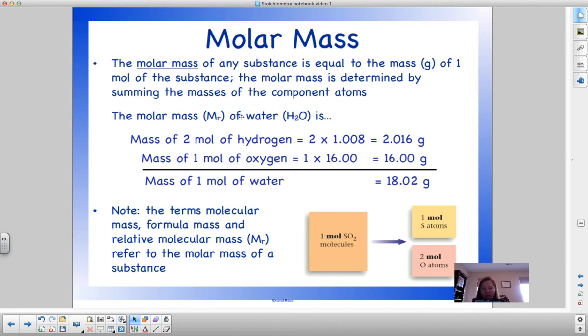I had you download one a while ago, but this is a nice one-stop shopping. It has the EMD, it has all of the properties, and it also has the molar mass. So we can use this, or of course you can use your handy-dandy periodic table.